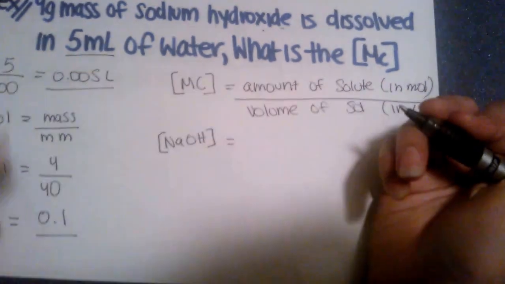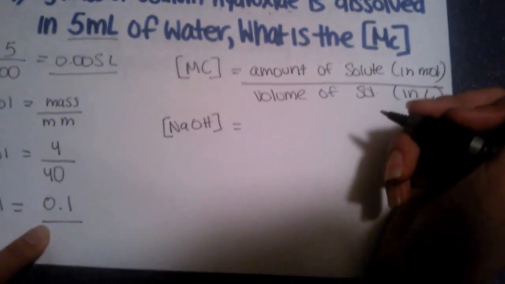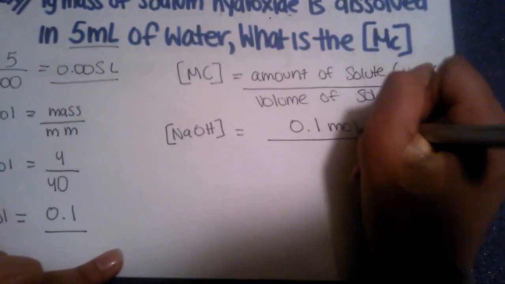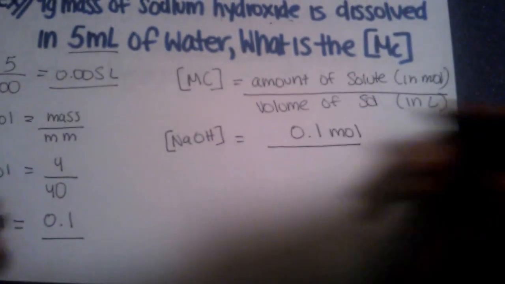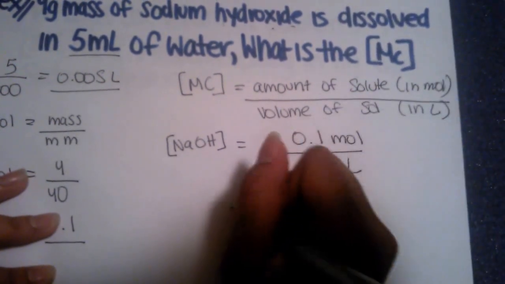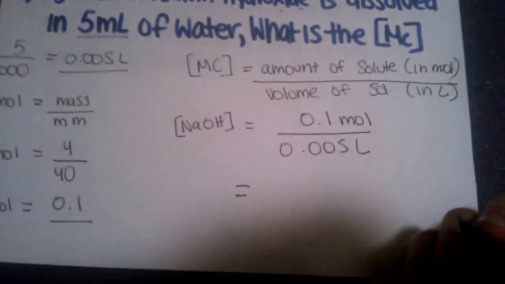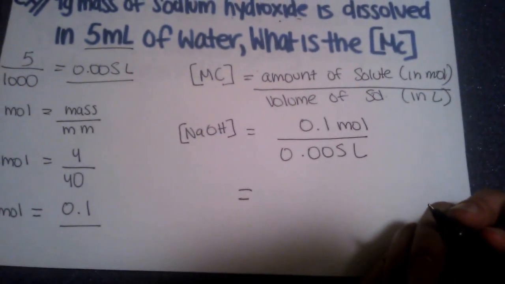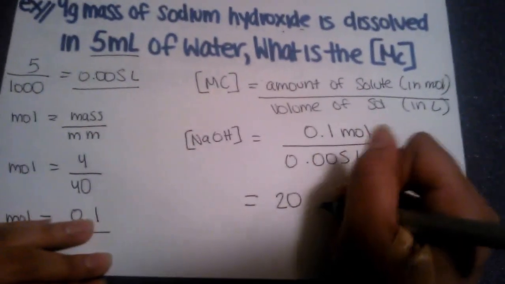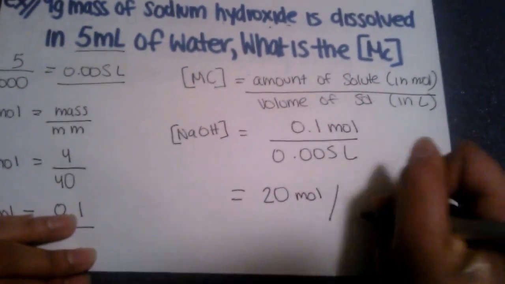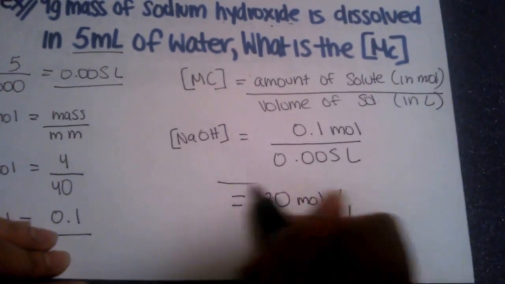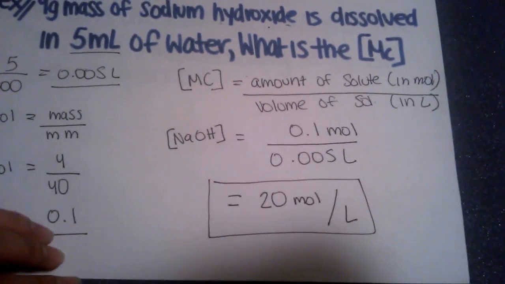The amount of solute, right here, the moles, 0.1 moles over our volume, which is 0.005 liters. So when you calculate that, I'll give you guys a second. The answer is 20 moles per liter. I just divided it. That's it. That is our answer.